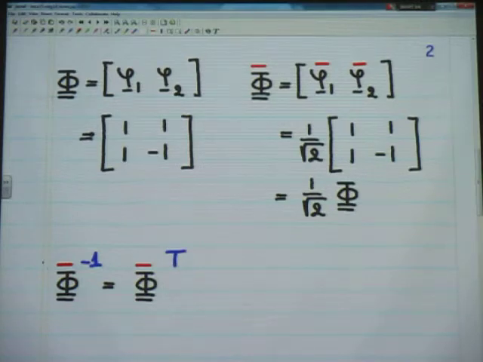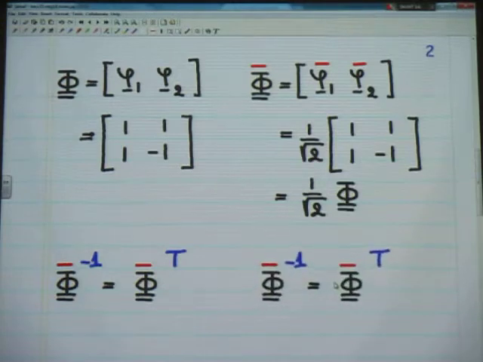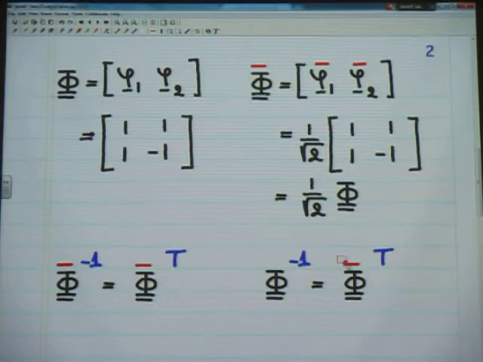Whereas if you did not have the bar, meaning if you did not normalize the eigenvectors, then the inverse of big phi is not its transpose. You can verify this also.